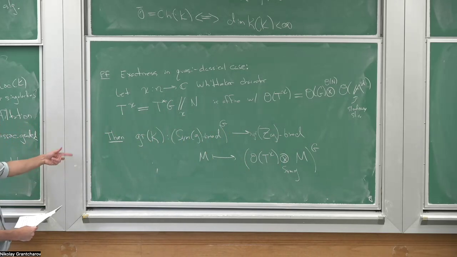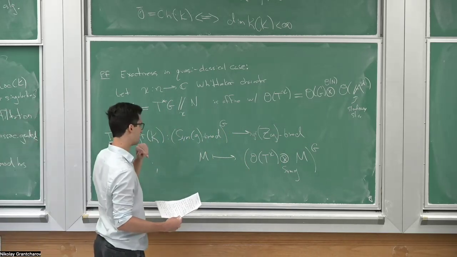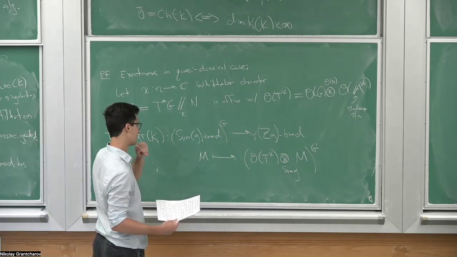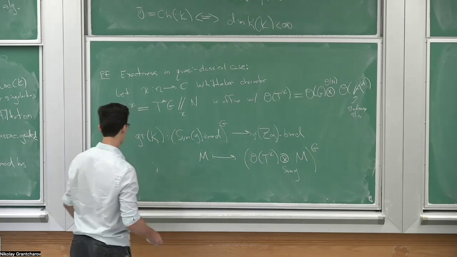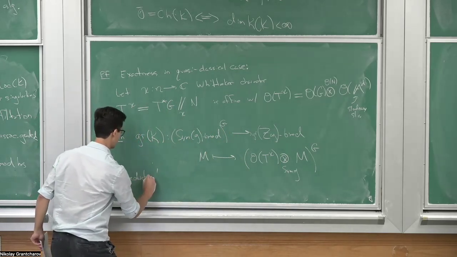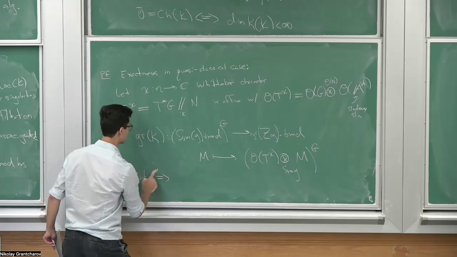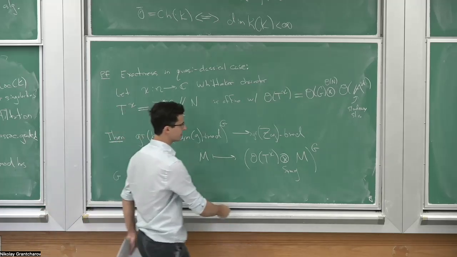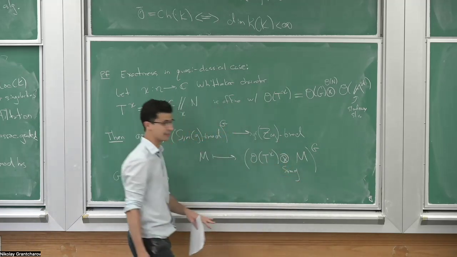Yeah, so this is just another way to rewrite Whittaker reduction. The reason I wrote it this way is because then exactness is very easy to see. So first, G is reductive. It suffices to show that just the pullback, so just to show that this functor without invariants is exact.